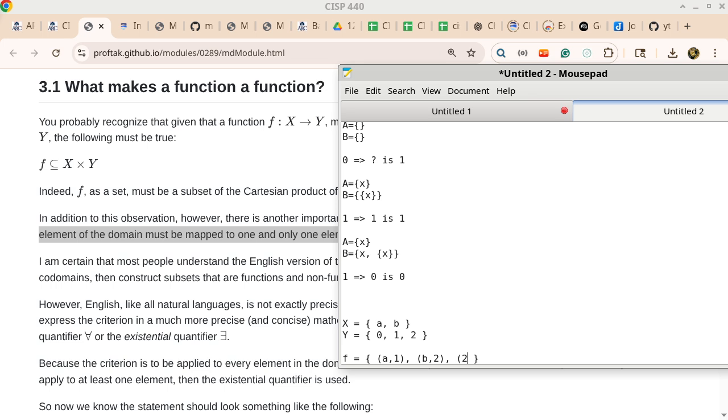We can make it not lonely, and it would still not be a function because (2, 1) as a two tuple is not in the Cartesian product of {a, b} on one side and then {0, 1, 2} on the other side. Because 2 cannot be found in X.